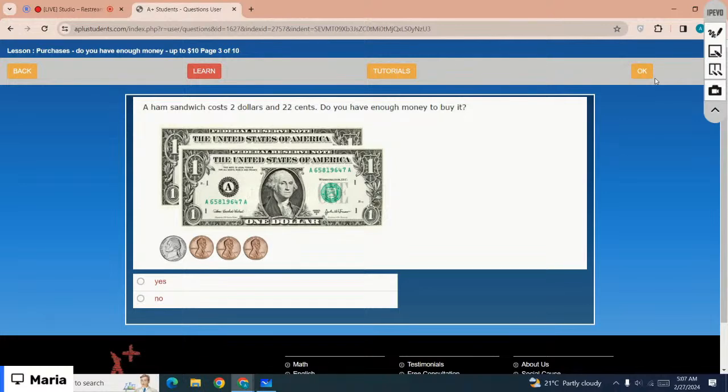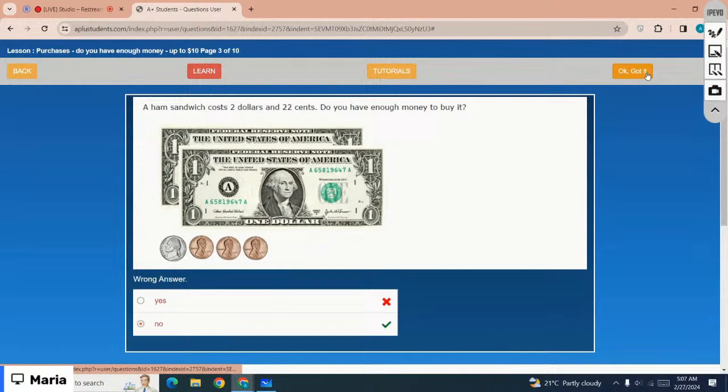You have $2. Yes, that is 25, $2.25. The correct option is yes, you can buy, right? Because you need to buy it for $2.20. No? Why?